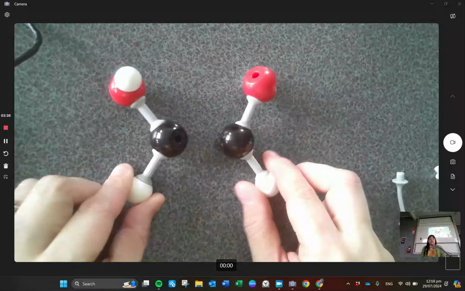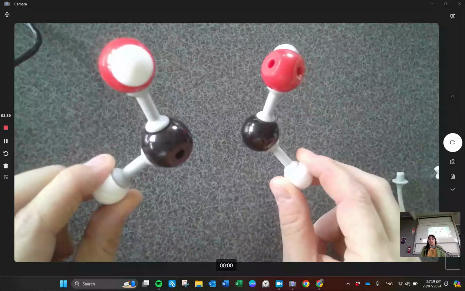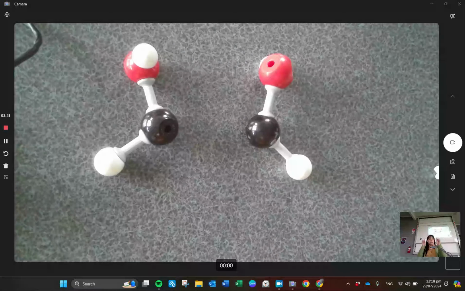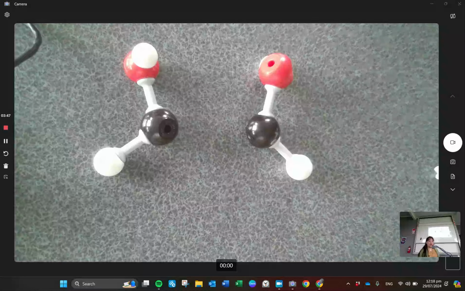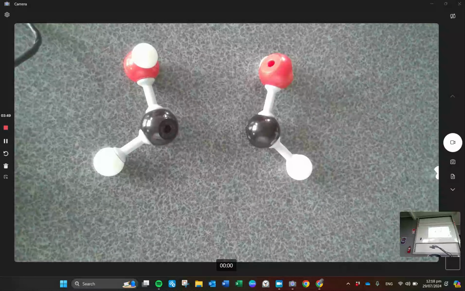So I just want you guys to make this. And then we'll put them together to make our double bond. All right? So currently, what I am starting to set up is an alkene. Let me start drawing it so you guys can see it.